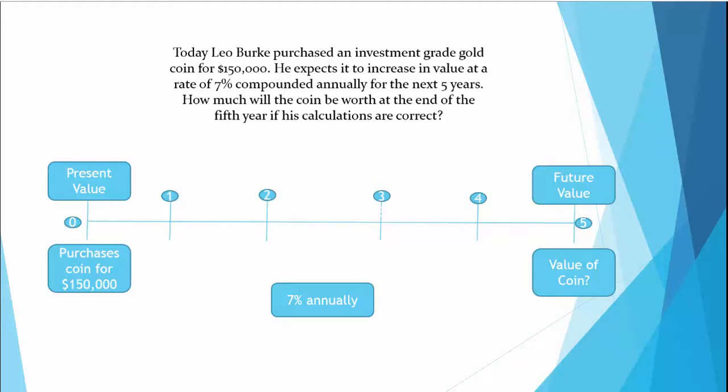Next, determine the signs. Leo purchased the coin for investing purposes, so this is a cash outflow. Therefore, the sign for the $150,000 present value needs to be negative. Now clear your calculator memory. Remember, it's the second clear time value of money.